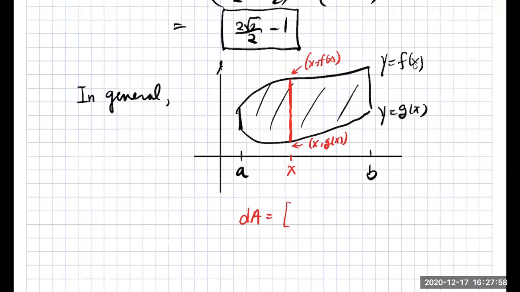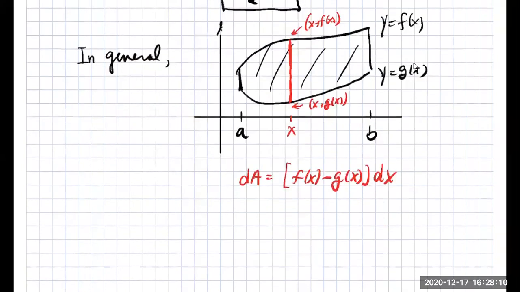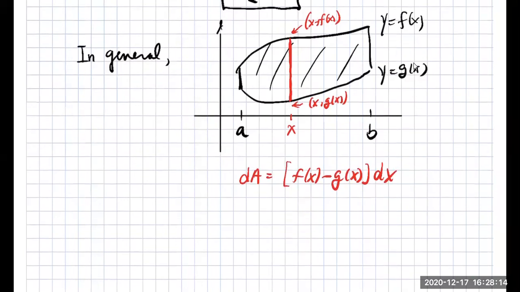In this case, f of x minus g of x, times the width of the rectangle, which is dx. So the total area is equal to the sum of all of those elements as they range from x equals a to x equals b.